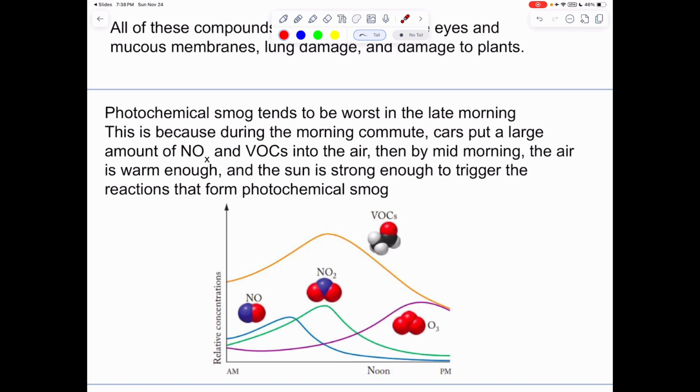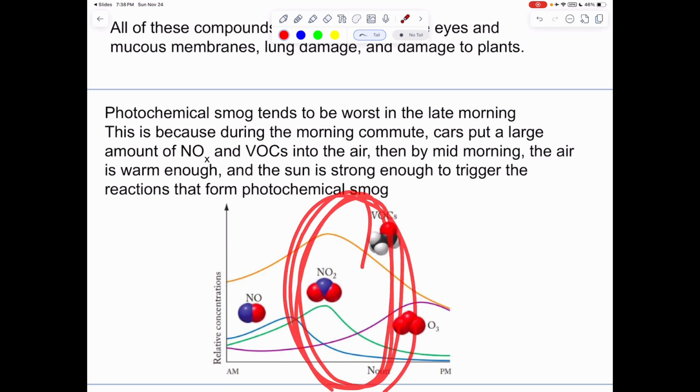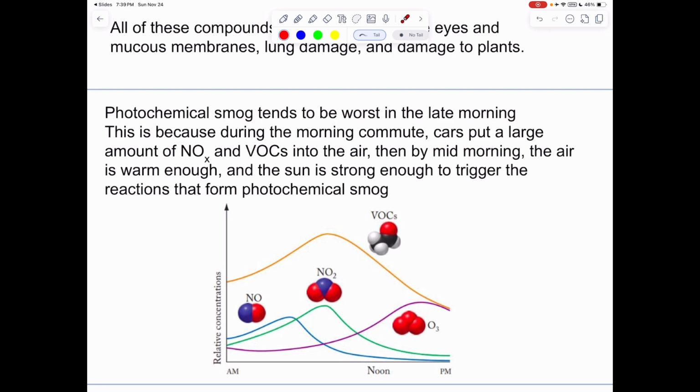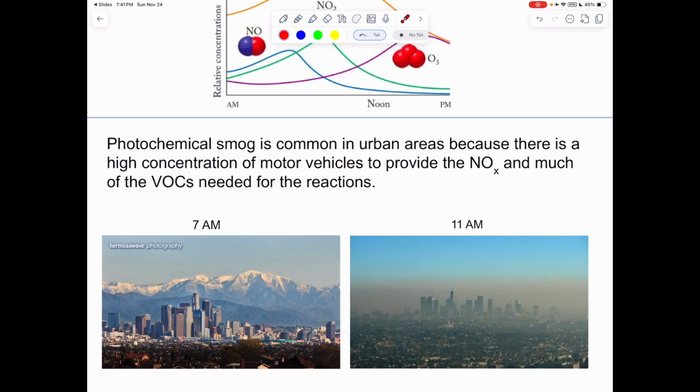In addition, this reaction requires sun, which is most important. So the sun is peaking right around this time of the day, which is why our smog is going to be at its largest amount in the afternoon. So you can see an example here of how in the morning there's very little smog.